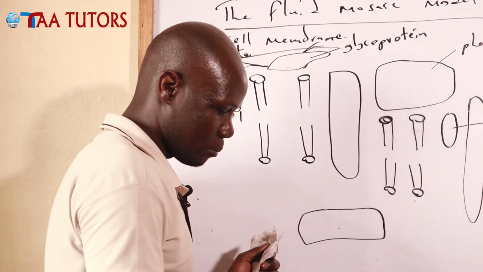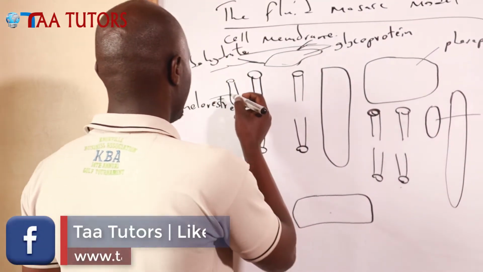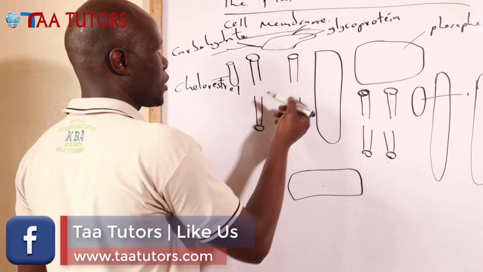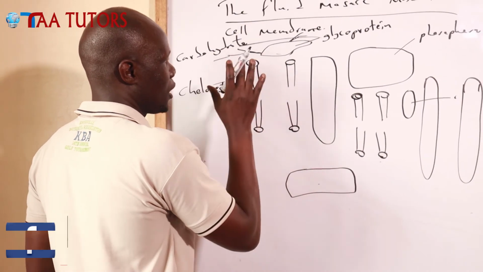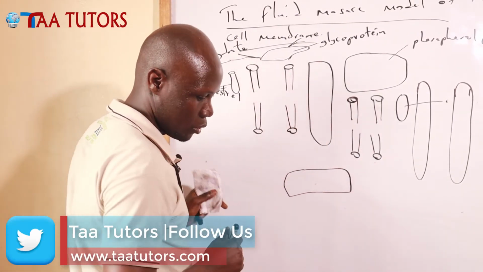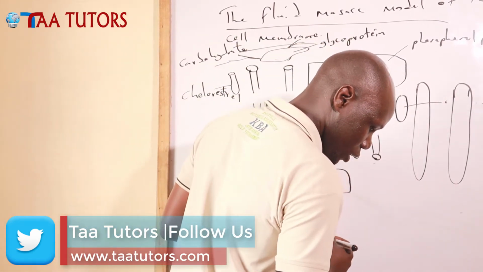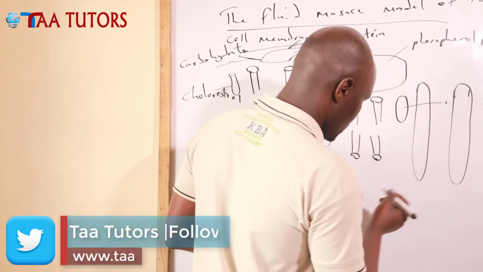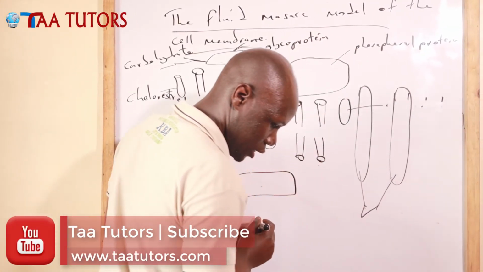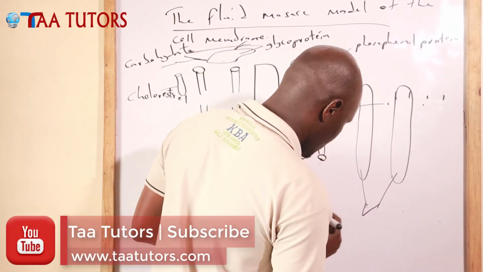These ones here are the cholesterol, and there is a reason why I'm bringing in the cholesterol, because this is also a type of lipid that exists here, and we have to talk about how it is going to affect the working of this membrane. These are also still my protein here, and these proteins are called integral protein.